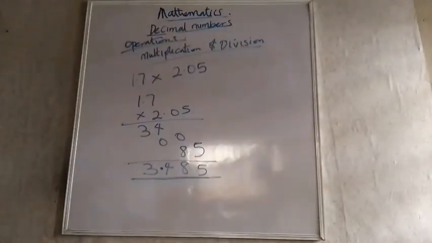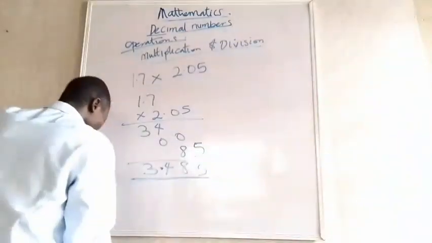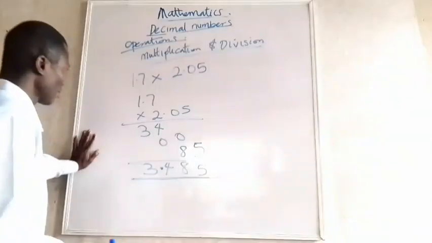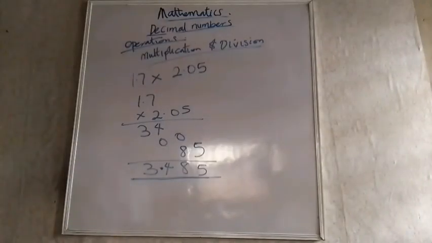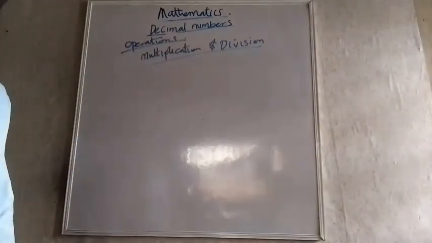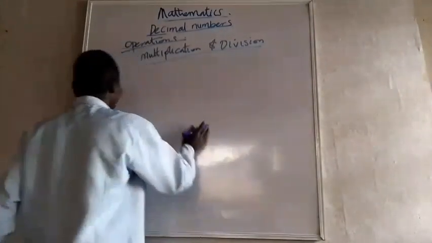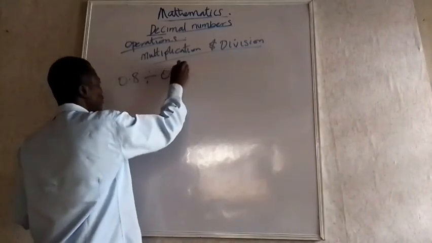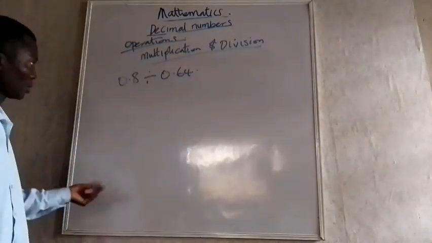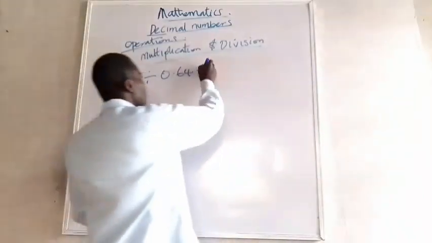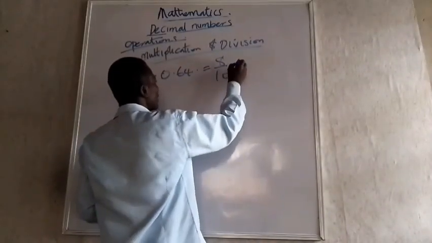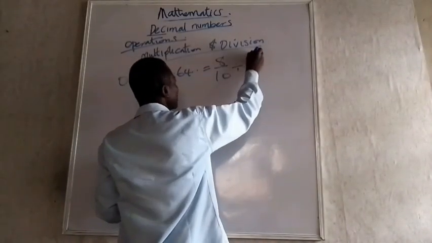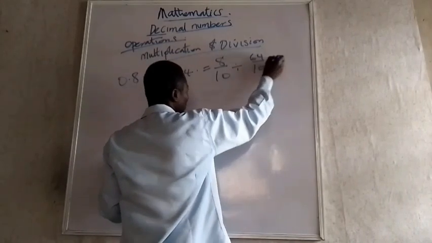Now let's look at the division. The division is close to the division in fraction. Let's look at something like this: 0.8 divided by 0.64. Like we said before, it is going to be 8 over 10 divided by 64 over 100.